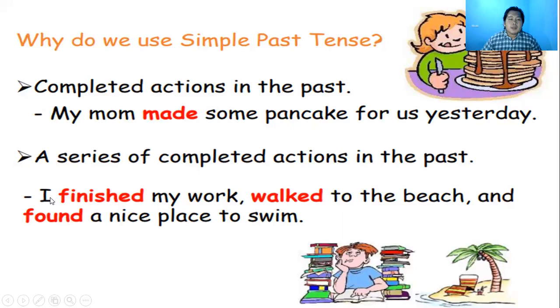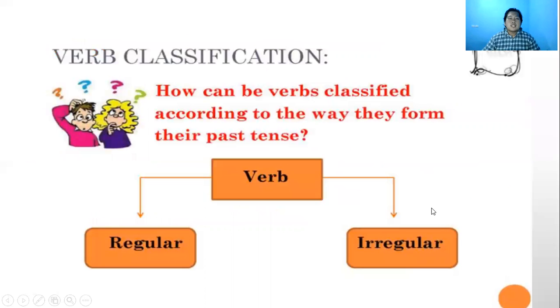So, I finished my homework, walked in the beach, and found a nice place to swim. So, we have here three highlighted words: finished, walked, found. Okay, can you follow? So, in the first sentence, we have here made. And in the second sentence, because we have a series of completed actions, we have three verbs or three highlighted words.